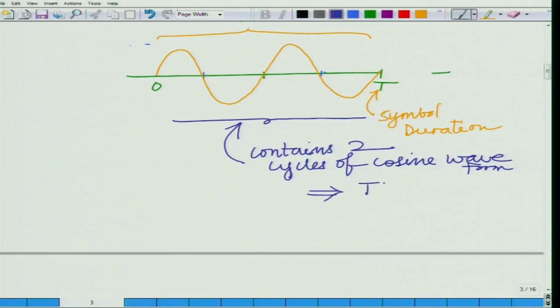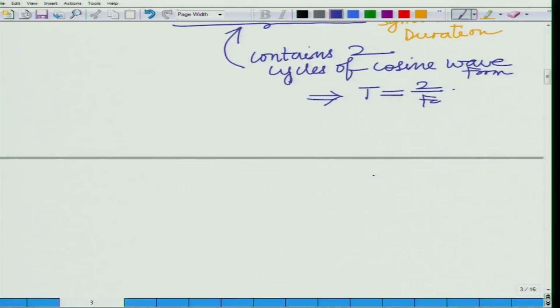This implies T equals 2 over f_c. 1 over f_c is the period. So, the symbol duration equals 2 over f_c.